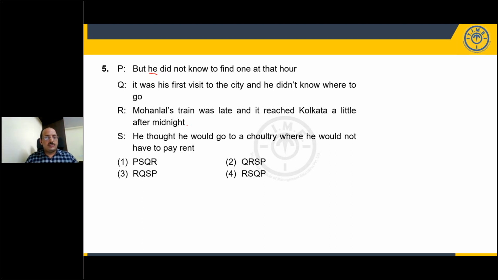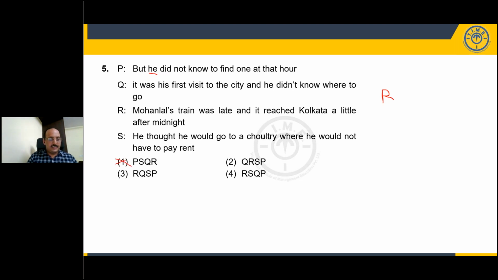He thought he would go to a chawl where he would not have to pay rent. So a chawl is a kind of place where people live just next to each other, and the houses are almost touching each other. So he wanted to go to a chawl, where he would not have to pay rent. So very clearly line number R has to be my first line because it defines Mohanlal. Everywhere else I'm saying he or his.